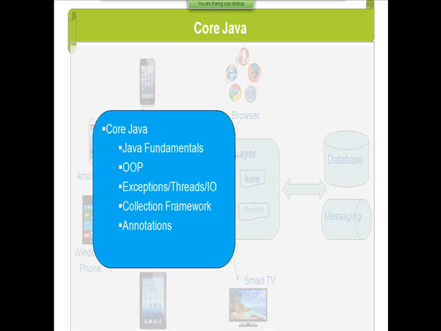And we'll talk about the object-oriented programming concepts like inheritance, polymorphism, abstraction, encapsulation, all those things, and how we implement them in Java. Then we are going to talk about interfaces, exceptions, multi-threading, input-output, like how to read and write files, and the collection framework.